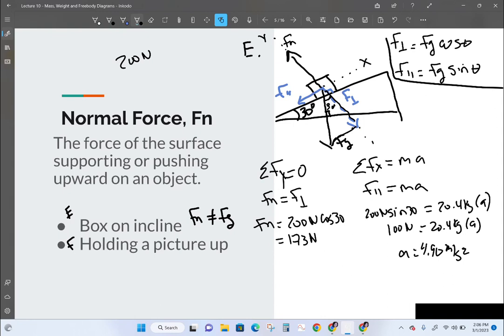Fy and Fx, you need to memorize the problem solving strategy here, which is draw your vector diagram, label the vectors if they have components, find all the values of the vectors if you can, and then look at what's going on in the y direction. If it's balanced, all of those forces add up to 0, and that means that the upward forces are equal to all of the downward forces.